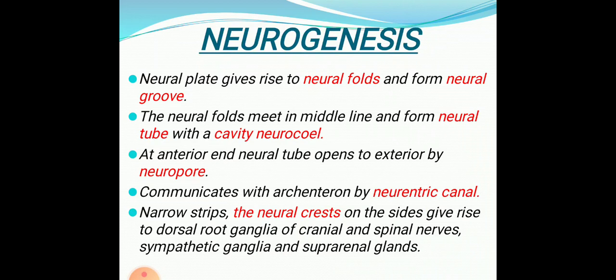The neural folds increase in elevation and bend towards one another until their edges meet and fuse. Thus a tube is formed, called the neural tube. It encloses a canal called the neurocele. That is what the second point explains.